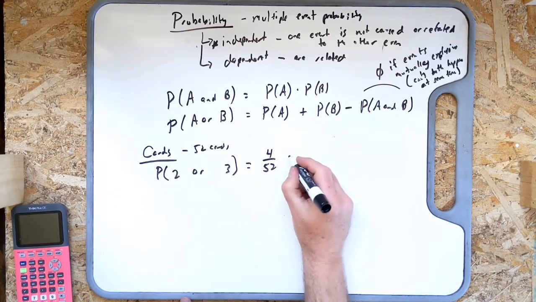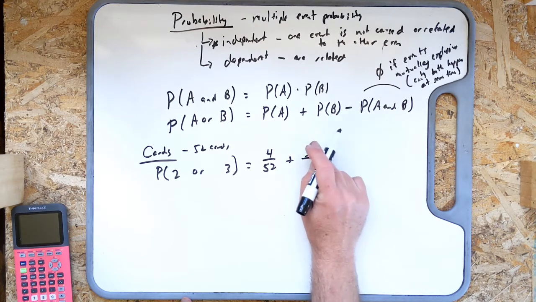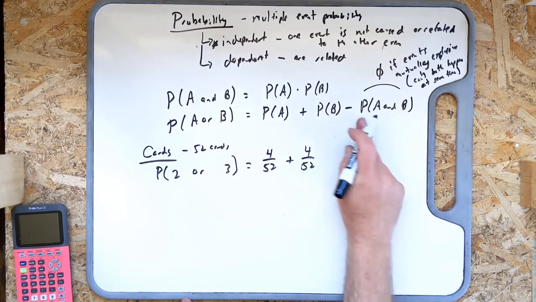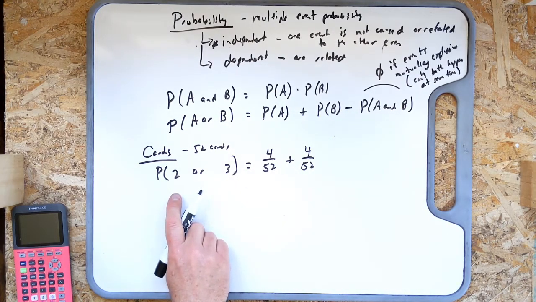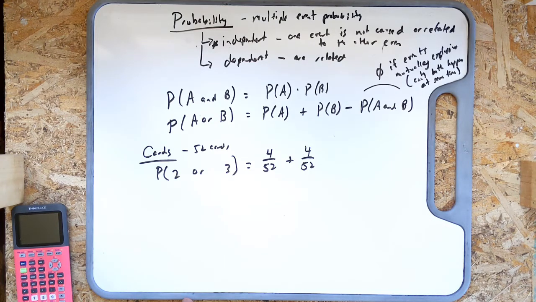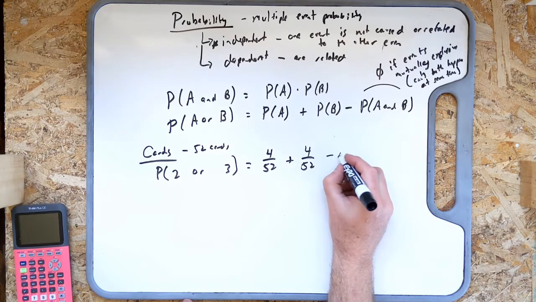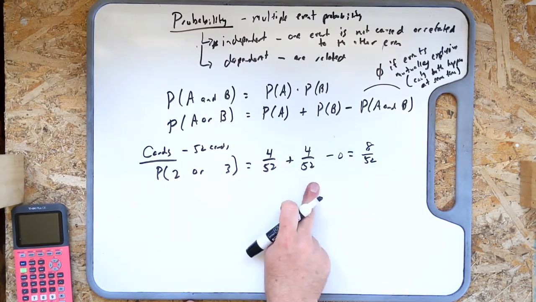You add that to the probability of getting a 3, which is 4 again, 4 3s out of 52, minus the probability of getting a 3 and a 2 if you pull a card out, which is 0. You can't pull one card out and both get a 3 and a 2. So minus 0, or 8/52. There you go, just straight add them.